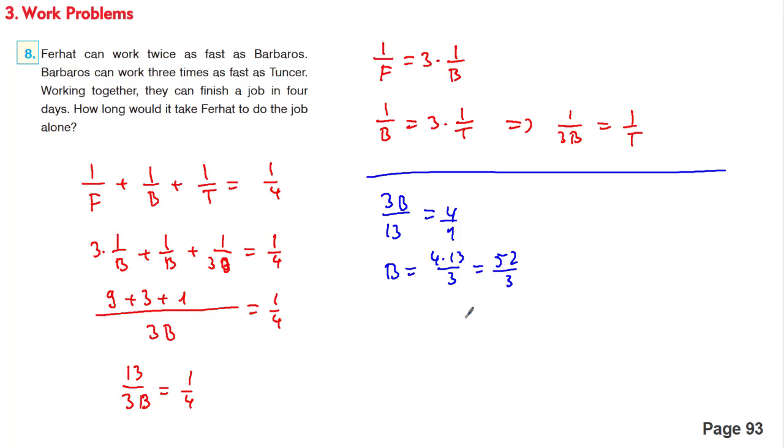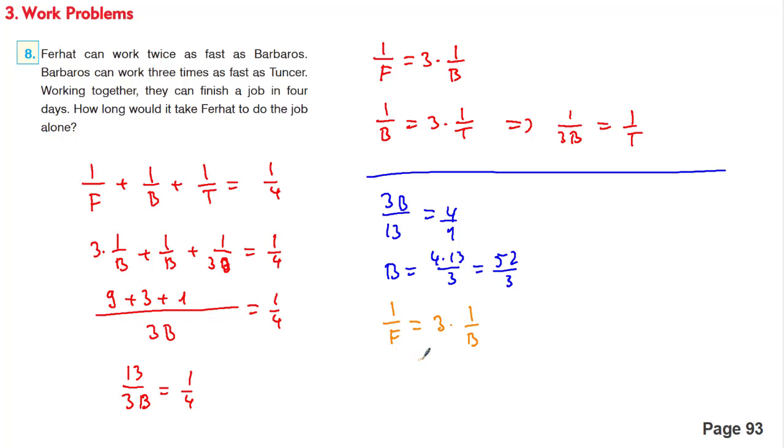But we are looking for, actually not the work rate, but for how long Barbaros will finish the job alone. We are not looking for Barbaros, we are looking for Ferhat. So 1 over Ferhat's work rate is 3 times 1 over Barbaros's work rate.